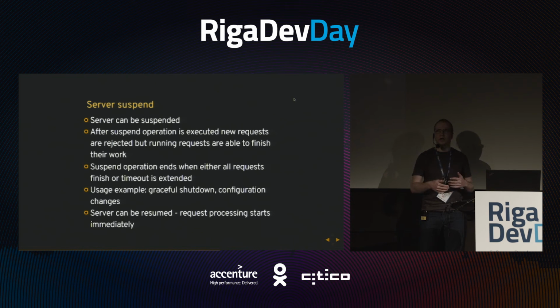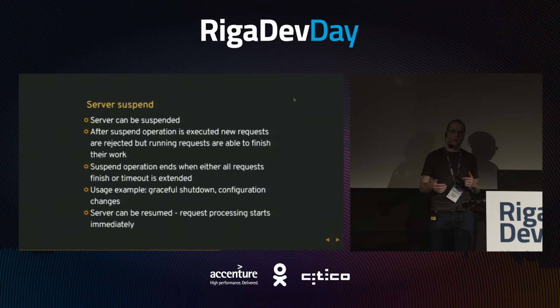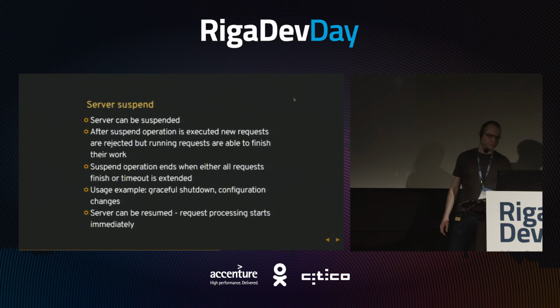All the requests that were already running are allowed to finish, and the new requests are not accepted. This is the suspending phase, as we call it. After the suspending phase is finished, so after all requests have been finished, we can also specify a timeout here. The server moves to suspended phase. In suspended phase, the server is not accepting new requests.